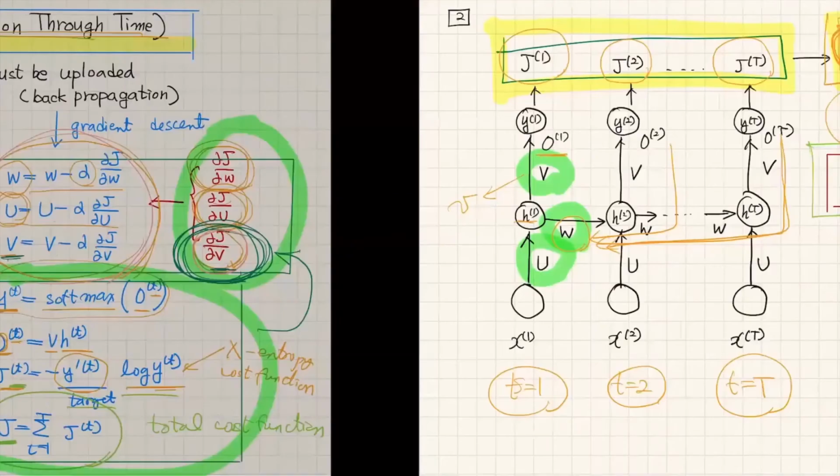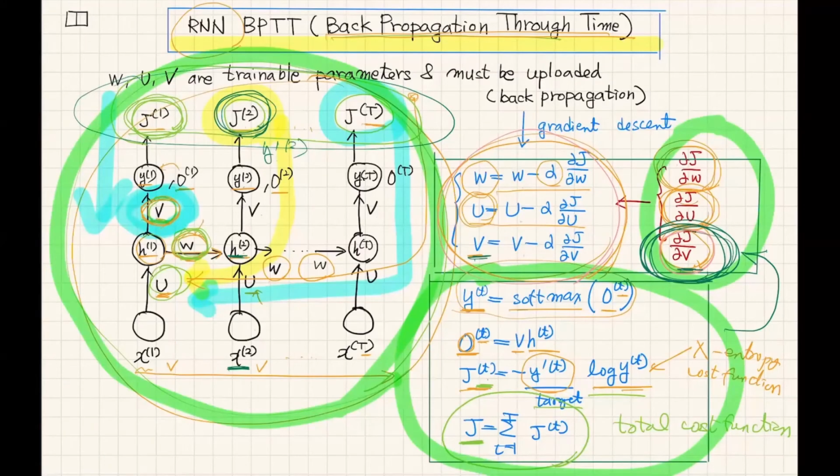Now let's move on to the second part of the class, where I'm going to show you the derivation of the backpropagation equation for W. It will be a little bit more complicated.